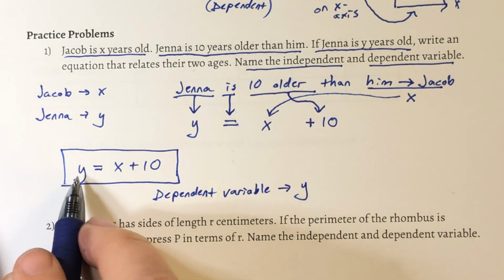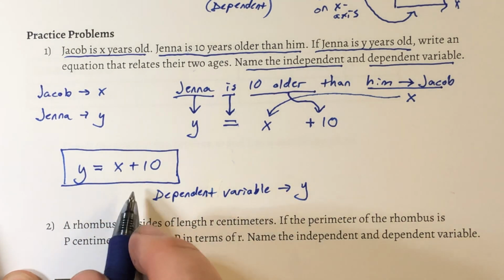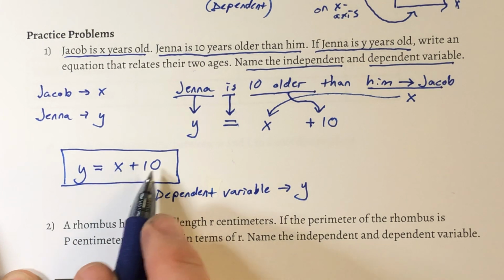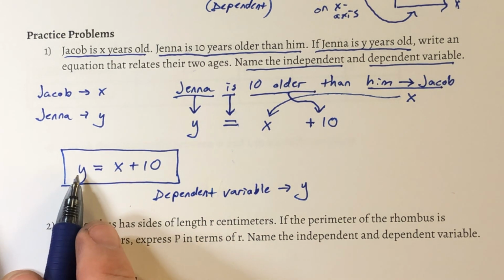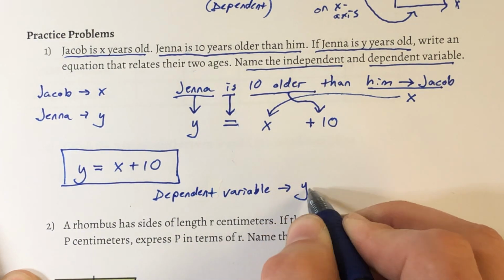Her age depends on Jacob's age, which is x. Because if Jacob is 1 year old, add 10 more, and you're going to get Jenna's age, which would be 11. So her age depends on his age. So dependent variable is y.